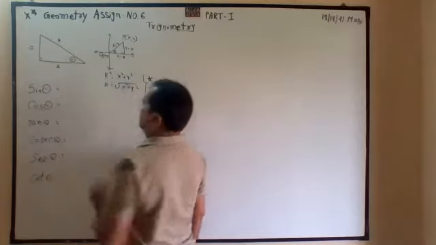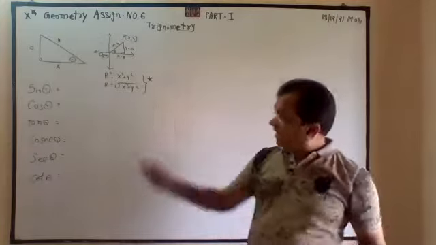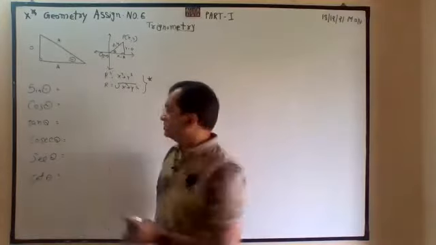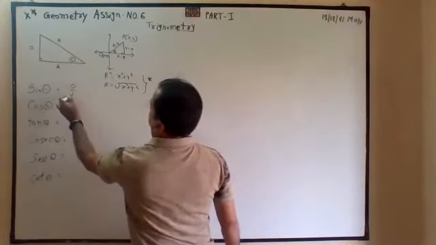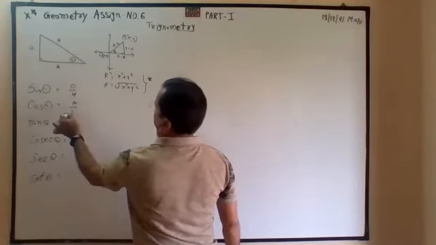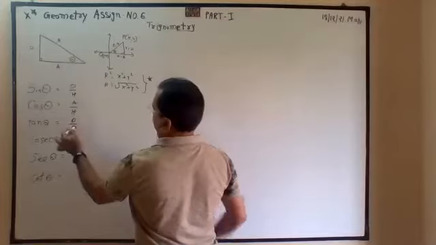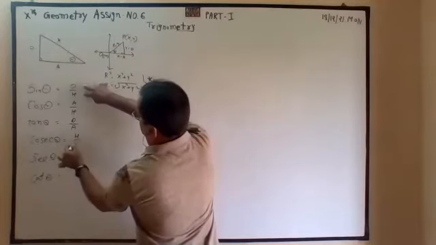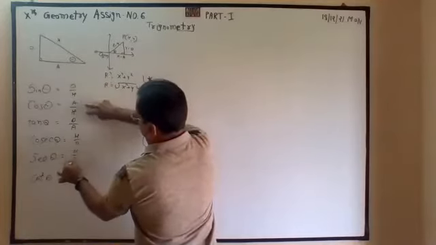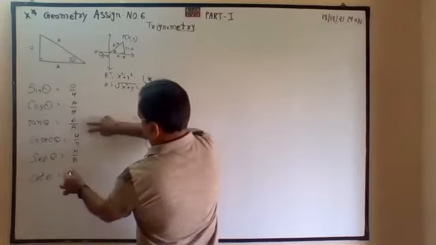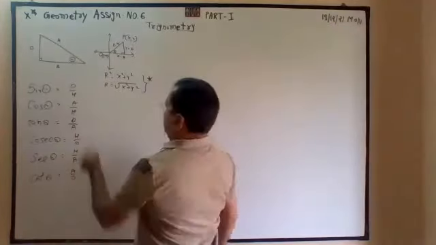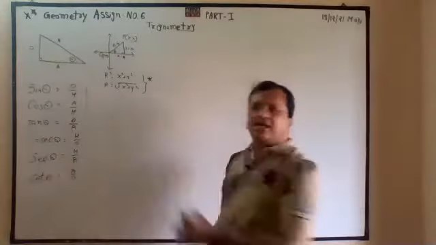Sine, as per this, is opposite by hypotenuse, cos is adjacent by hypotenuse, tan is opposite by adjacent. Now the inverse of this, the inverse of this, the inverse of this. Correct.